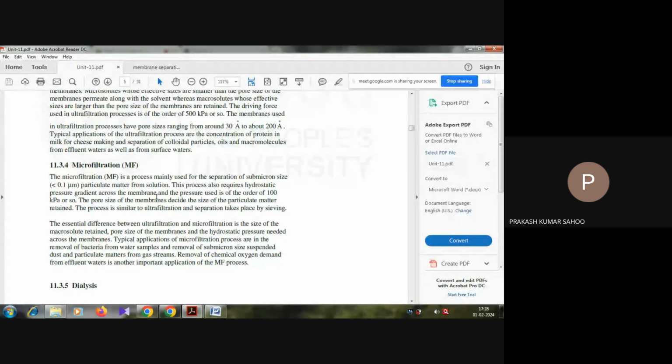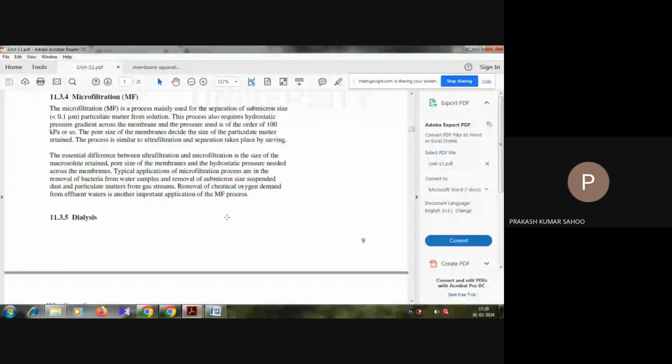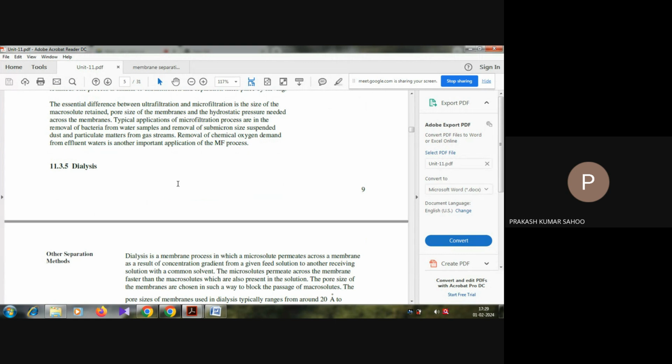This is in micro level, that is 10 to the minus 3 micro level pore size. And when the size is in micro level, this is microfiltration. Accordingly, water samples, removal of bacteria from water sample, removal of submicron size suspended dust and particulate matters from gas streams. These are some applications of microfiltration.